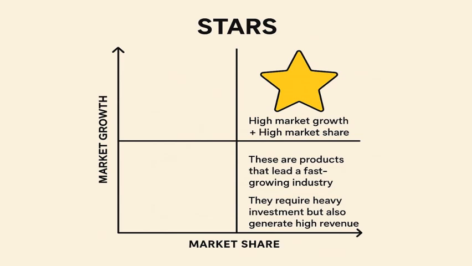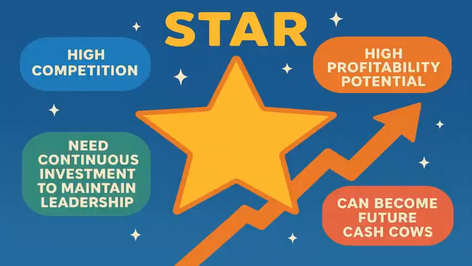So stars are those products that lead a fast growing industry, and the star products require heavy investment but also generate high revenue. High revenue means high sales revenue. In star products, there is high competition and high profitability potential.